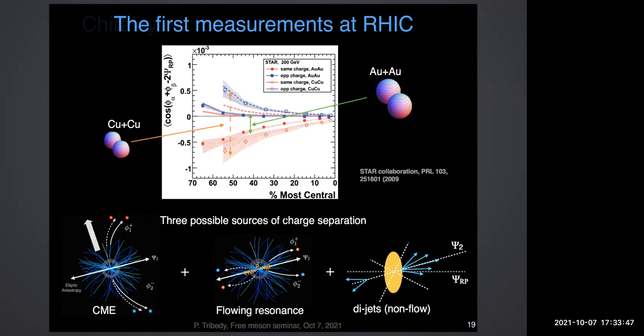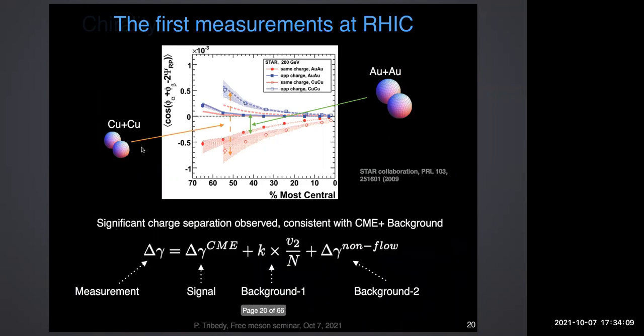That causes it. Why is it larger in copper-copper than gold-gold? Because the digests are not tamed in the smaller size system compared to the larger size system. In the larger system, they quench these objects, and the effect is smaller.